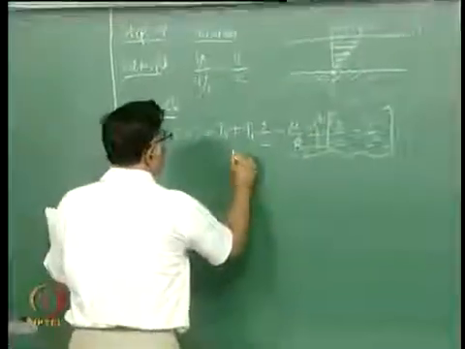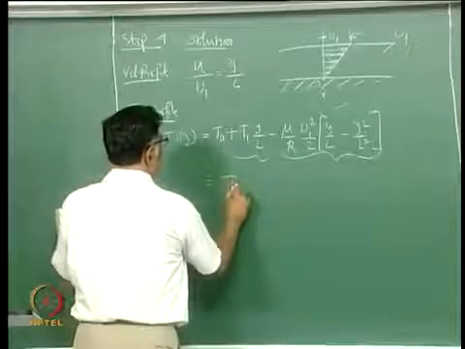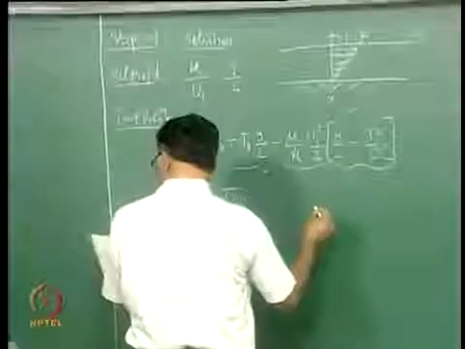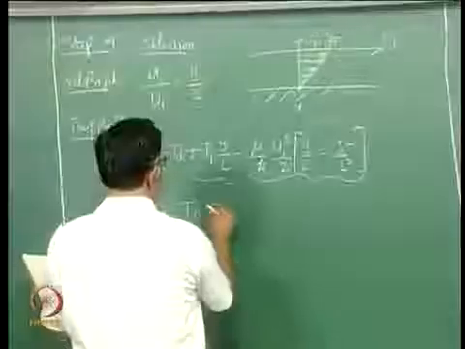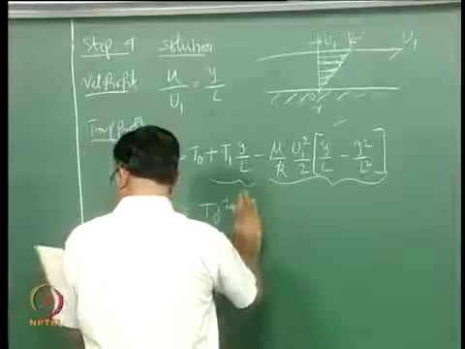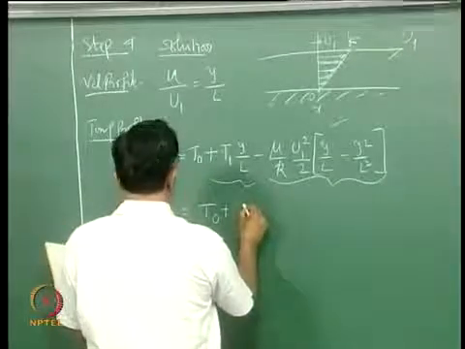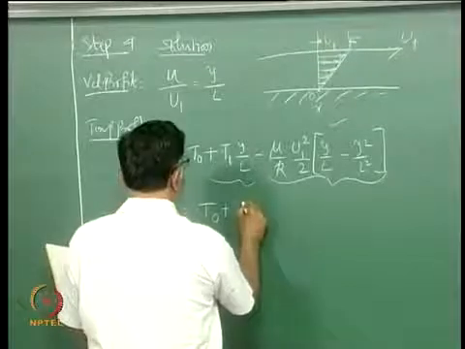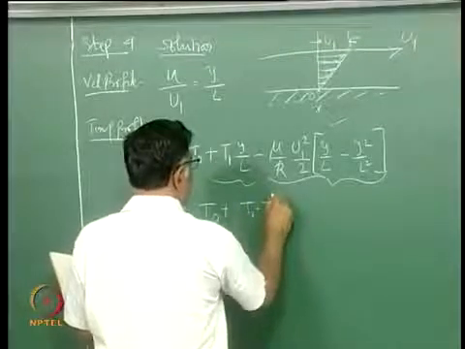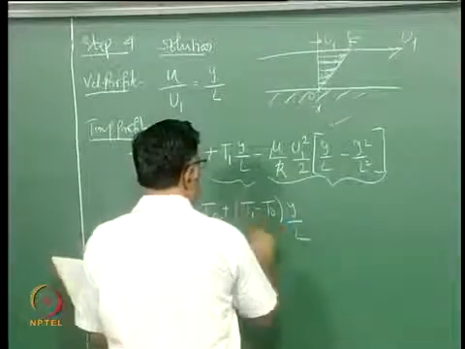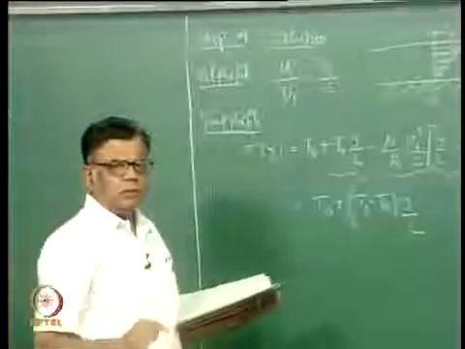Please check this out. T naught, that is okay. Actually, this is also okay. Here, please see whether we would like to correct it. Please check whether something is missing there.